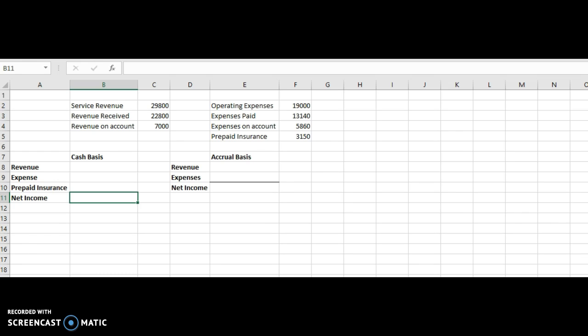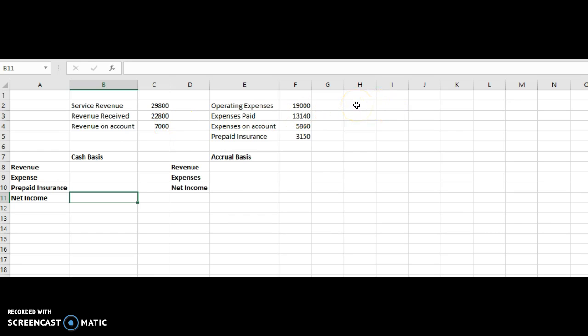So right here, all I've done is write down the numbers that it's given me. Like it said, $29,800 in service revenue, $22,800 received in cash, and then $7,000 that was still on account.